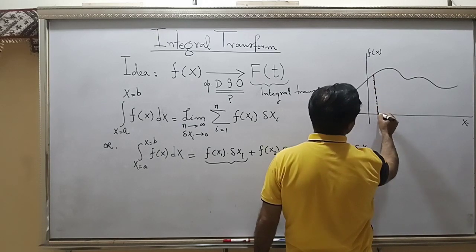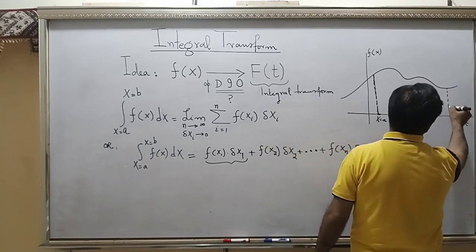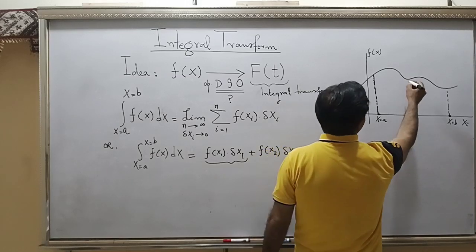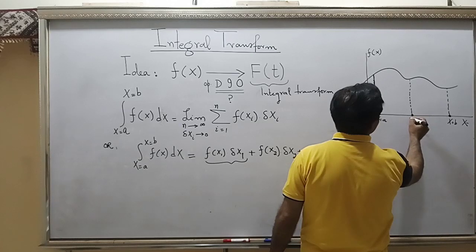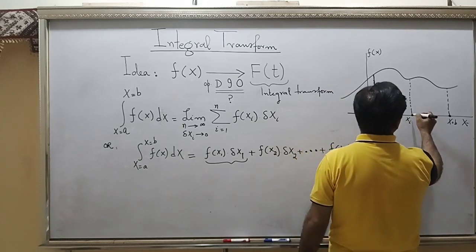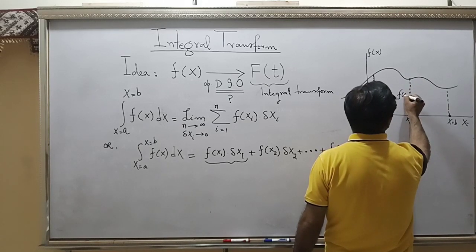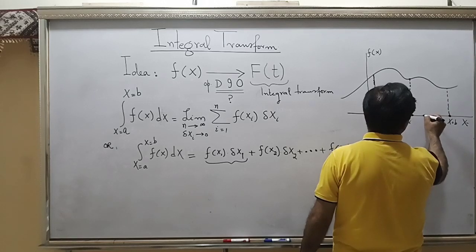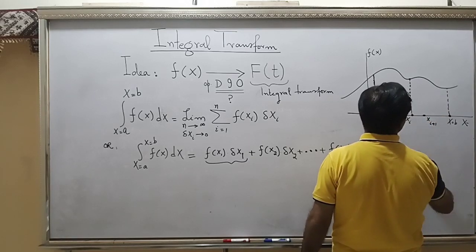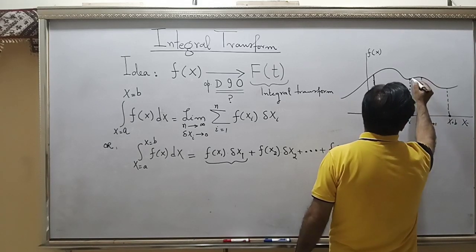This is the value of the function at point x equal to a, and this is the value of the function at x equal to b, and here is the point xi, and at this point the value of the function is this one, which is f(xi), and the next point is xi plus 1, and this makes this rectangle, right?